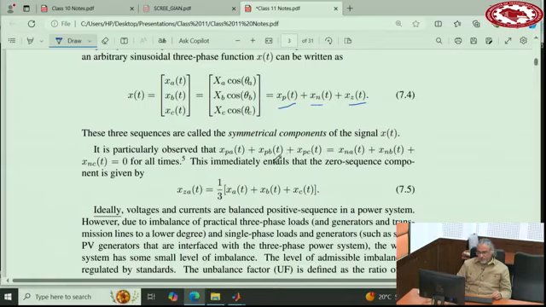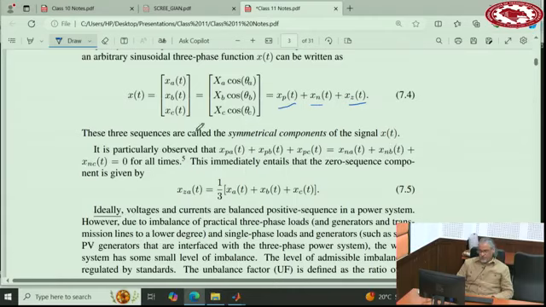Okay. So we notice that the positive sequence components, because they have 120 degrees phase shift with each other, if you add them together, become zero. For the negative sequence also, they become zero.